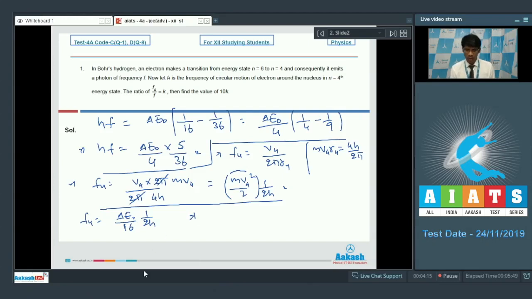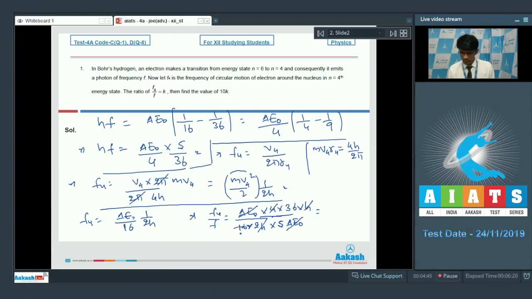So now taking the ratio f4 divided by f, it is delta E naught divided by 16 into 2h, and f here we have calculated, it is 5 delta E naught divided by 4 into 36 into h. The h will cancel out.